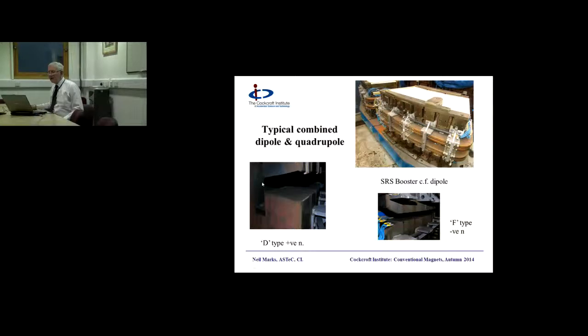And here's a D-type magnet, and you can see that it's a dipole, because there's only two poles, but in fact they've got a significant gradient across them, and because the gap is widening towards the outside, the flux density will be decreasing, which means that the beam on the outside gets less bending, so that is a defocusing magnet. And here is the exact opposite. Here is an F-type focusing magnet where the gap gets smaller as you come towards the outside. So that's the sort of circumstance where a combined function magnet is very useful, perhaps in a booster for a synchrotron radiation source.